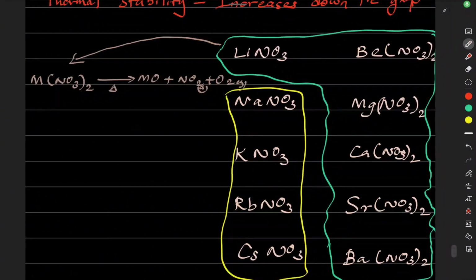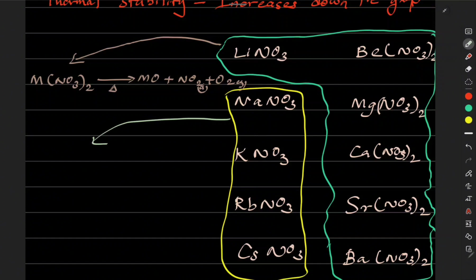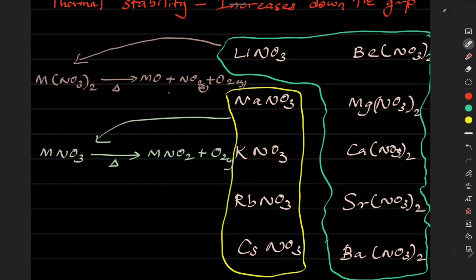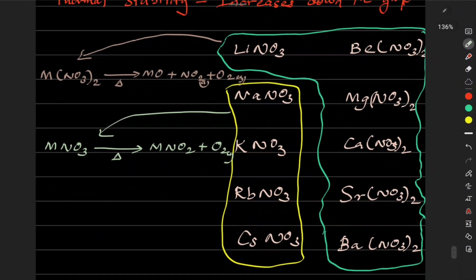The other group 1 nitrates, MNO3, when heated decompose into MNO2 plus O2 gas. The difference is here: in group 2 and lithium nitrates decomposition we get nitrogen dioxide and oxygen. In group 1 nitrates we get MNO2 and O2 gas.